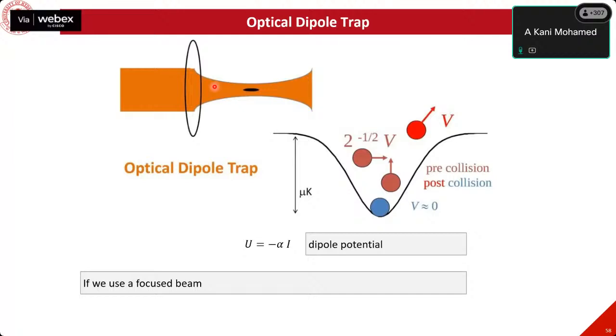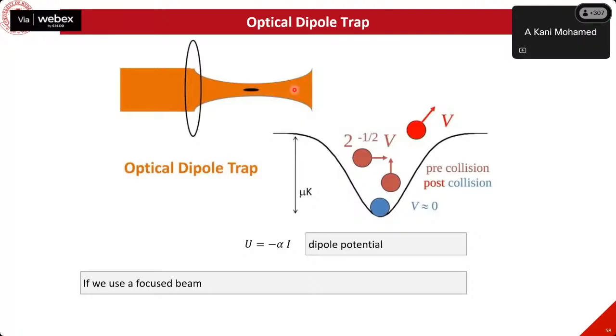If you look in all three directions, the intensity is maximized at the center. So just by using a single focused laser beam, we can create a 3D trap that confines the cold atoms in all three directions.